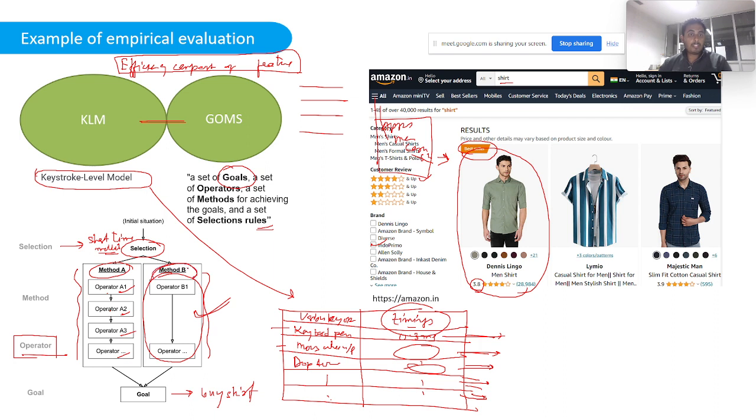That's why we need to provide some sort of fast access or some sort of shortcut to this particular method to the user. However, if someone wants a very customized search, then only they will do this particular operation. So that's the reason why the Amazon website provides multiple ways of doing a particular activity. They provide easy selection menus so that one can easily buy a shirt.